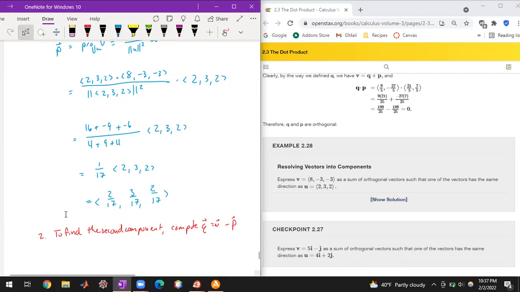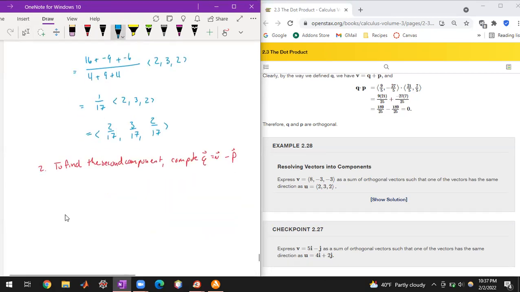Our vector V was 8, -3, -3, and the vector that we just computed was 2 over 17, 3 over 17, 2 over 17. When we do the subtraction, we're going to get some not very nice numbers, but that's fine.